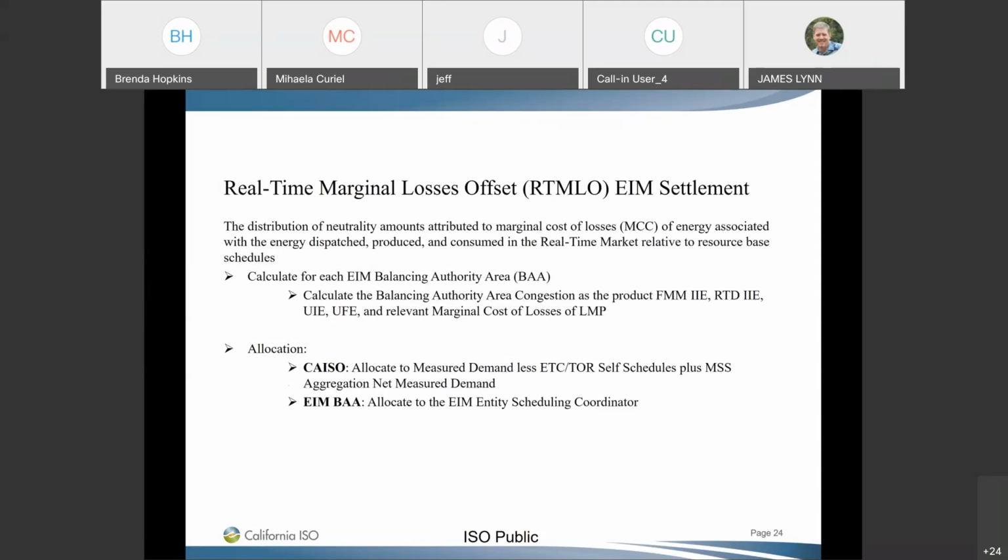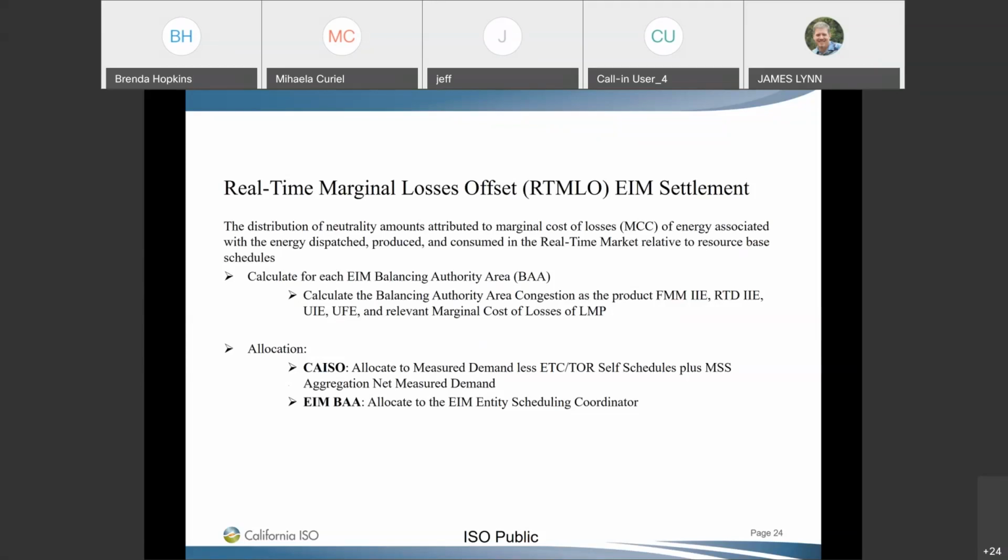So that's who gets allocated in the ISO balancing authority area. In your balancing authority area, we're going to do it to the EIM entity. And the reason why we do it to the EIM entity is these are neutrality costs that we think the OATT should determine how this is collected from your participants. So we'll allocate to the entity, and the entity allocates out per the OATT.